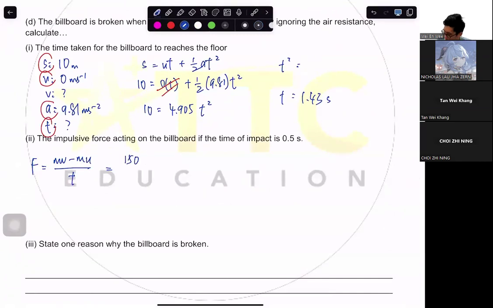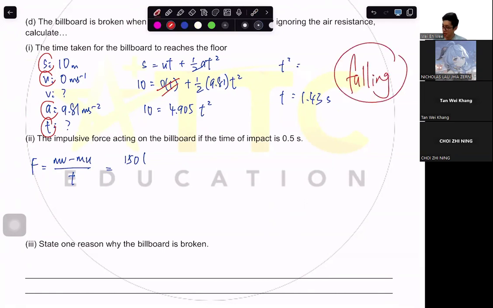The problem is the v and the u. This v is not the same as this v, and this u is not the same as this u. Because this one is the falling portion, and this is the crash portion. So we have two parts: the falling part, then the kaboom part.